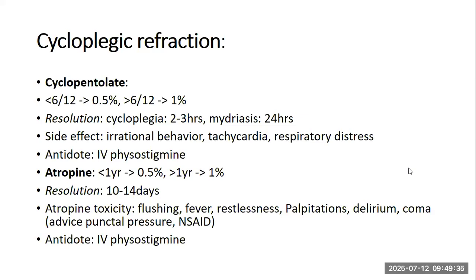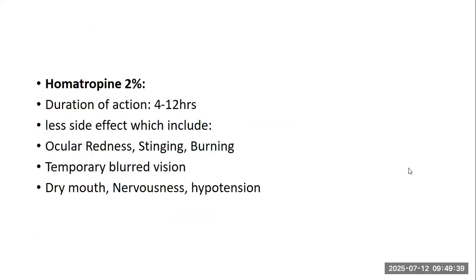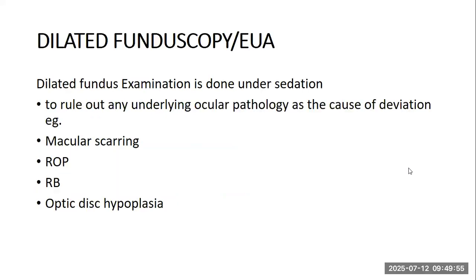Also, if there's atropine toxicity, we can give IV physostigmine to the child. Then homatropine has a close effect on cycloplegia to atropine, but it has less side effects. So it's commonly used for cycloplegic refraction as well.